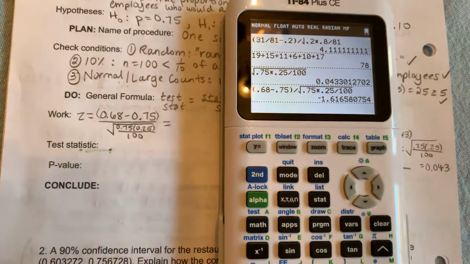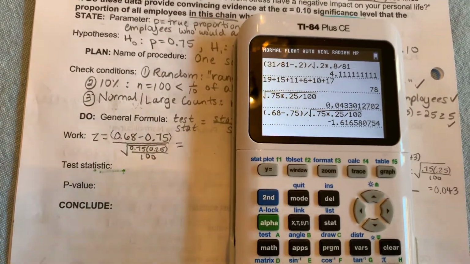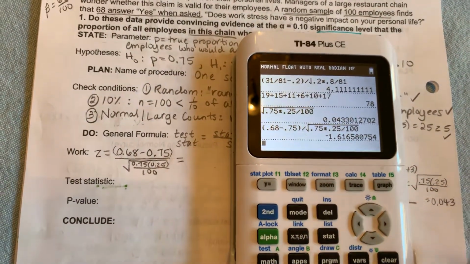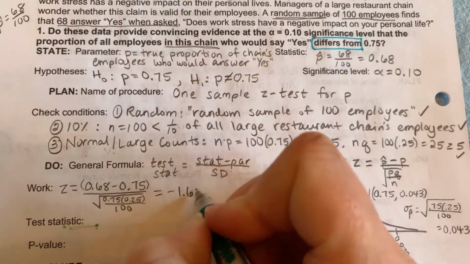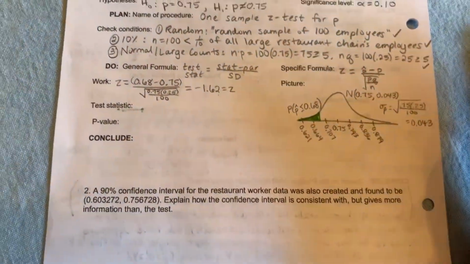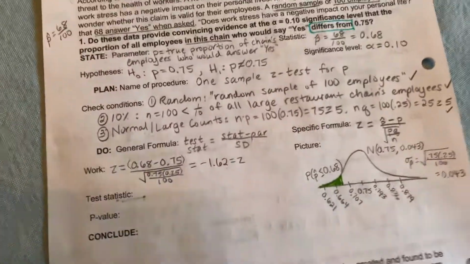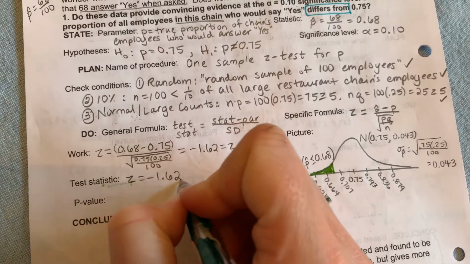Remember, this is going to be a z-score I'm going to look at in table A2. So I just need to round to 2 decimal places, so it's negative 1.62. Negative 1.62 is my z-score, or my test statistic, that I'm going to look at in table A2 to find my left area.